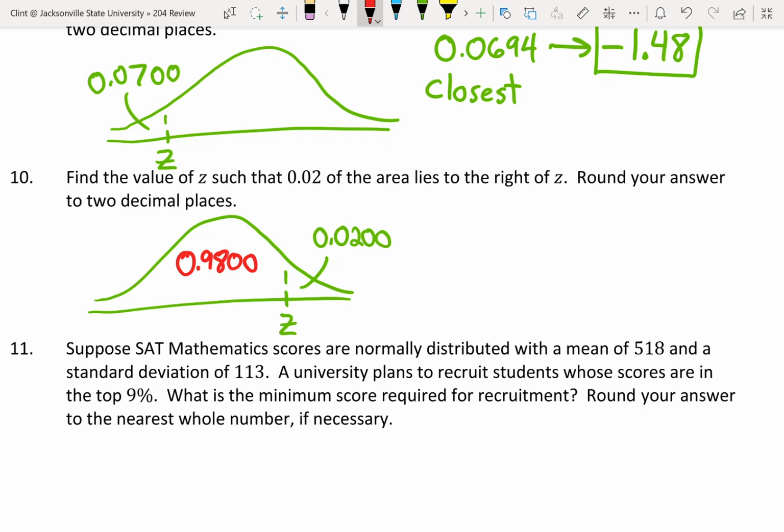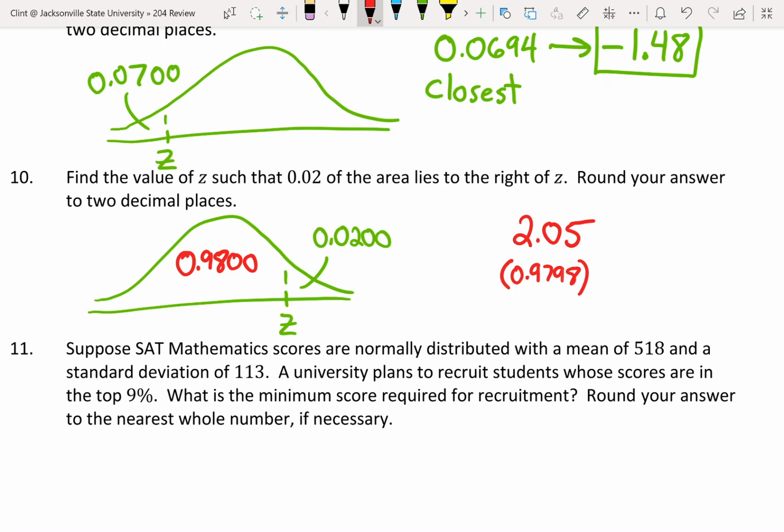That gives me a z value of 2.05. That works. Or, if you're good with doing it that way, do it that way.